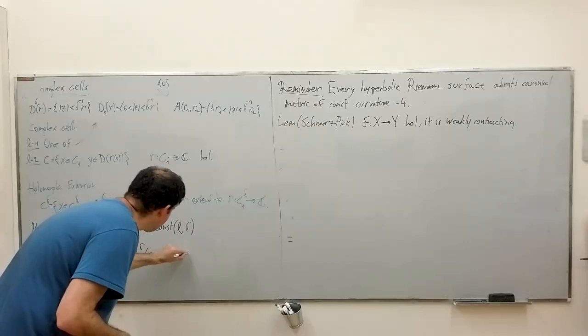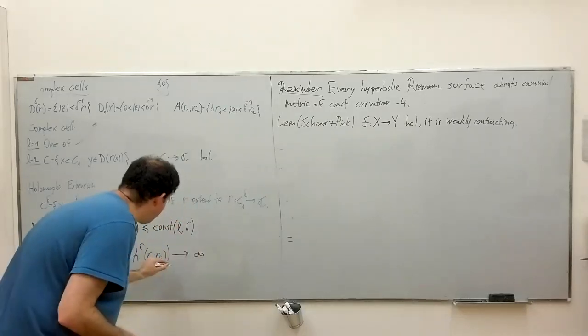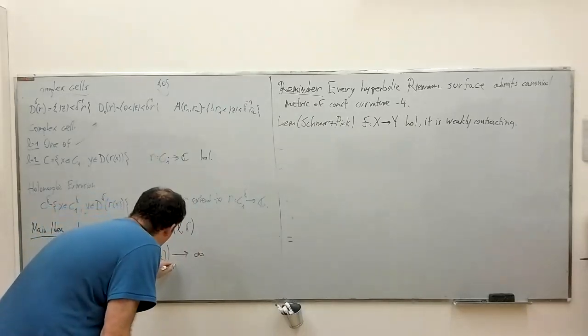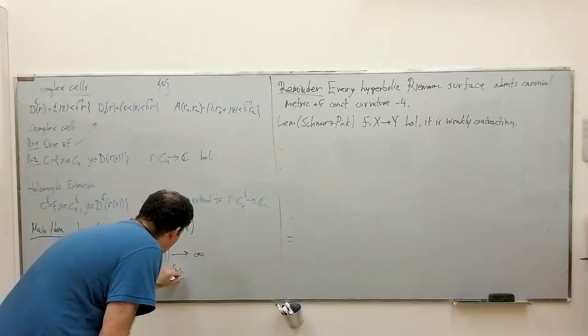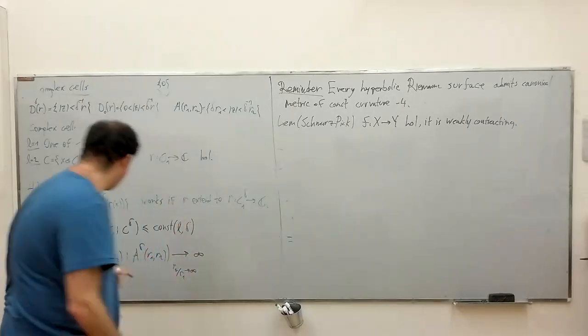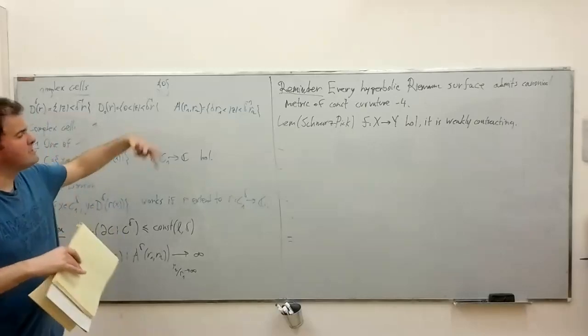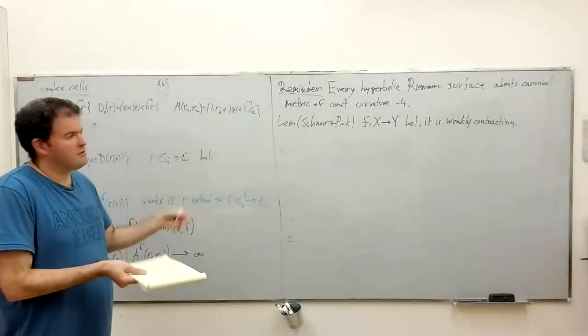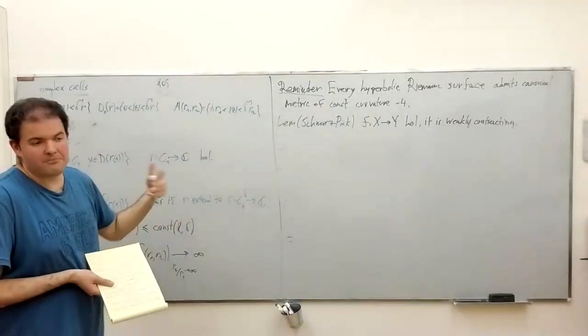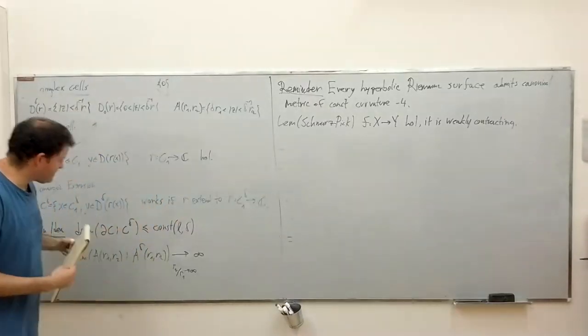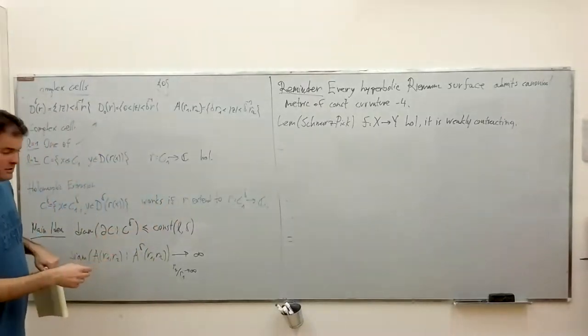This can tend to infinity as R2 divided by R1 tends to infinity. So it's not true that when you make this extension, the cell inside its extension has a bounded diameter. But what is true is that the boundary has a bounded diameter.